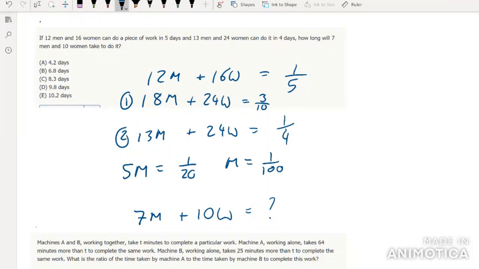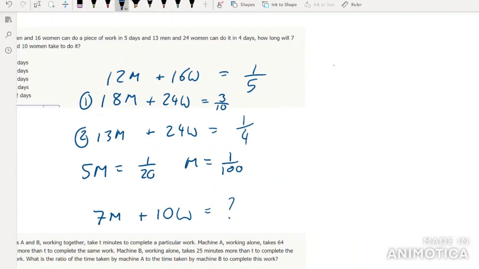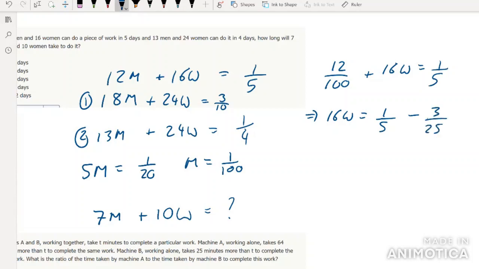which means substituting that back into the first equation, we can say that 12 over 100 plus 16w equals 1 over 5. So 16w equals 1 over 5 minus 3 over 25. So 16w is going to be 5 over 25 minus 3 over 25, so 2 over 25. And so 8w is 1 over 25, so w is 1 over 200.